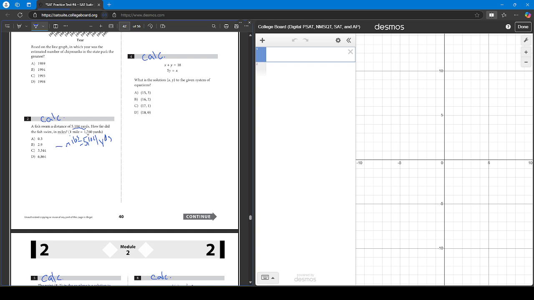So if we go from yards to miles, we're going to have to do what with our 1,760? Add, subtract, multiply, or divide. What would make sense?